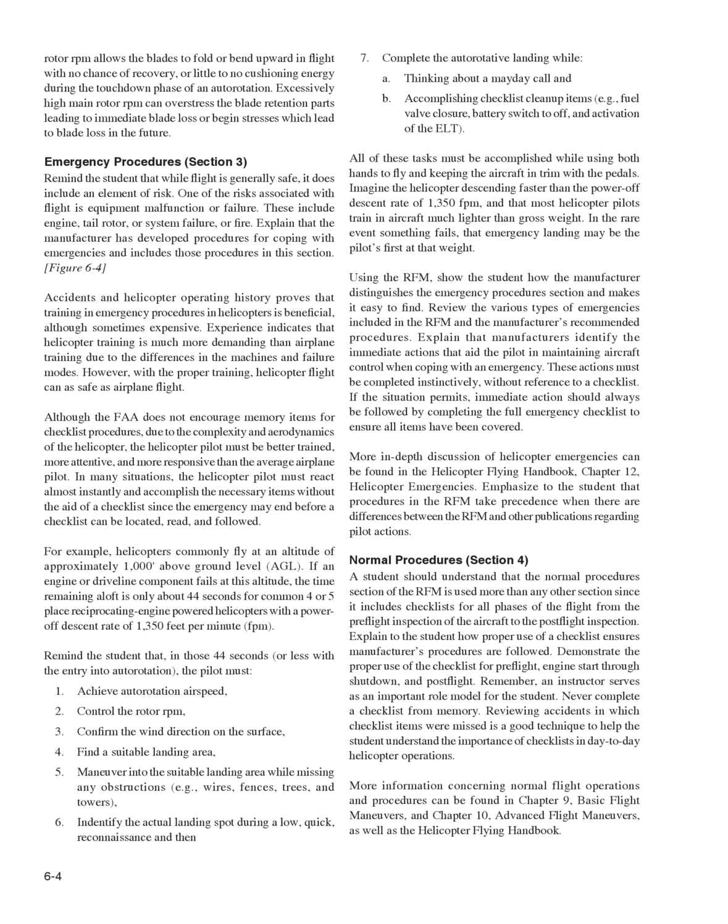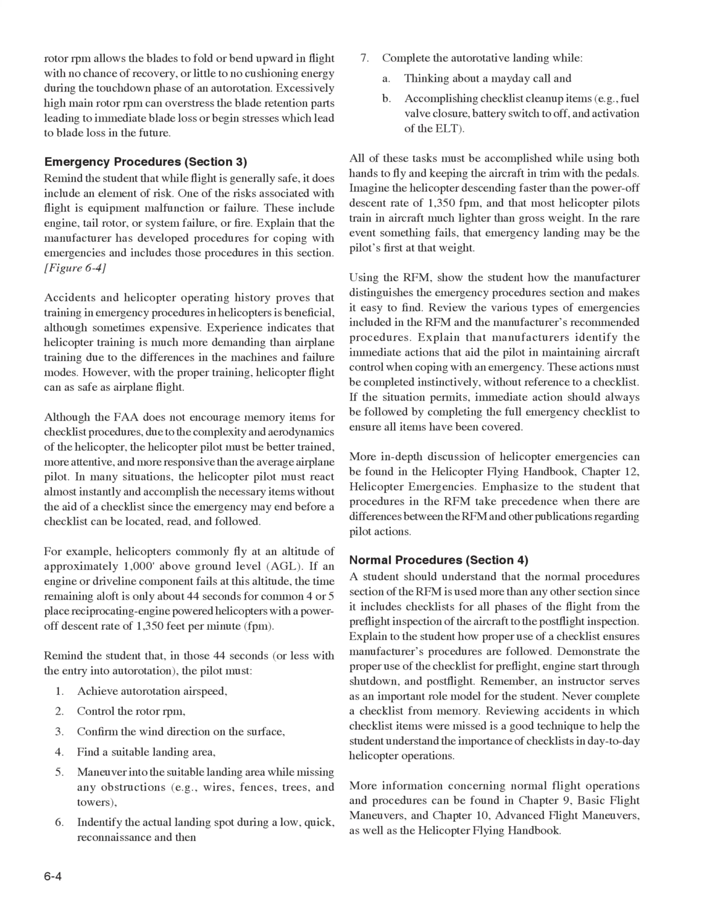Although the FAA does not encourage memory items for checklist procedures, due to the complexity and aerodynamics of the helicopter, the pilot must be better trained, more attentive, and more responsive than the average airplane pilot. In many situations, the helicopter pilot must react almost instantly and accomplish the necessary items without the aid of a checklist, since the emergency may end before a checklist can be located, read, and followed.